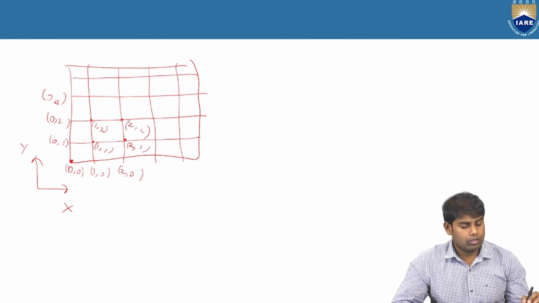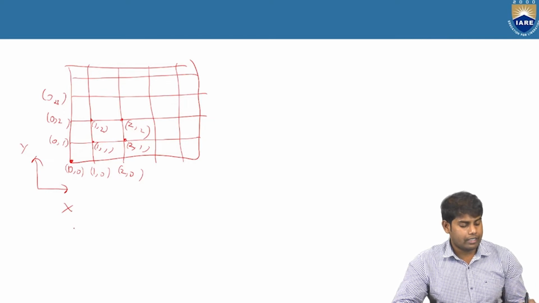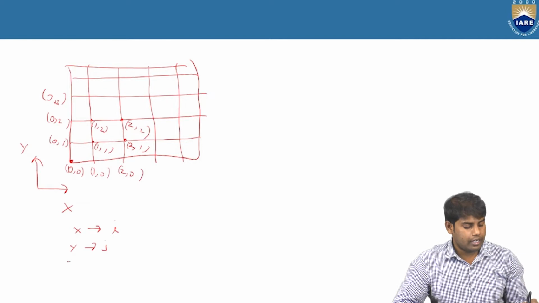So basically what we are doing is replacing the x terminology in the finite difference method: x as i, y as j and z as k.